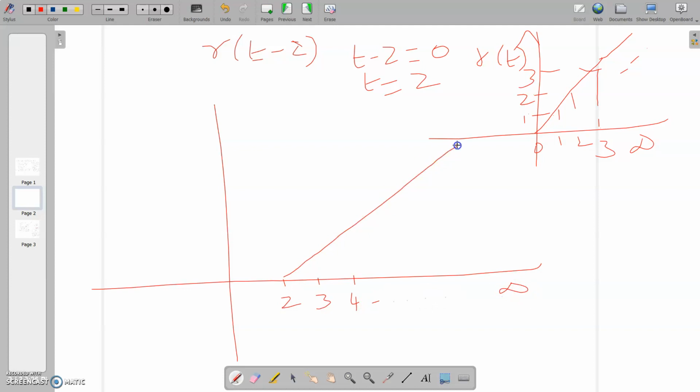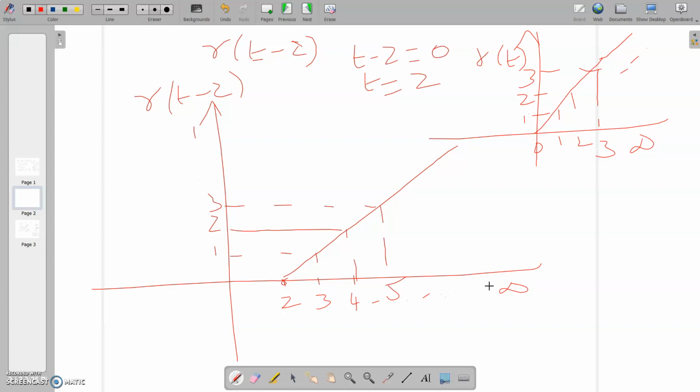So I will be getting your signal like this, where at 2 the amplitude is 0, at 3 the amplitude is 1, at 4 the amplitude is 2, at 5 the amplitude is 3. This is my r of t minus 2, it will be going on up to infinity. So again taking some duration. What about your r of t minus 2?